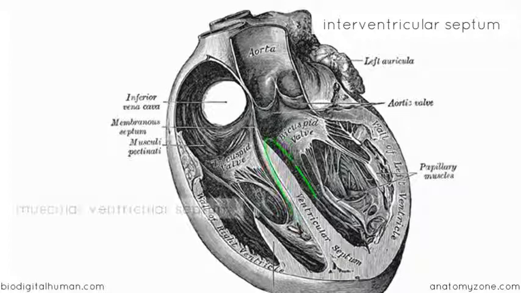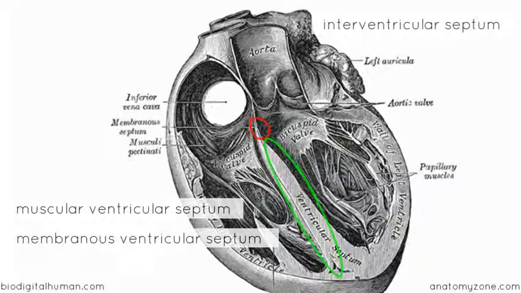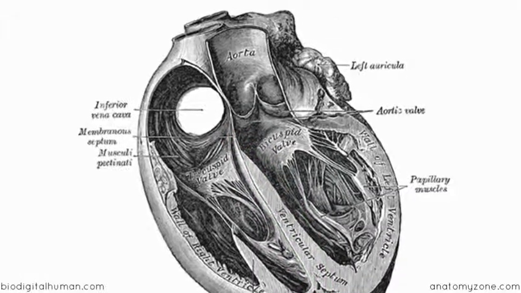You've got this thick muscular ventricular septum which forms most of it. But then you've got this little bit at the upper part and posteriorly, which is called the membranous ventricular septum, and this is thin and fibrous. So you've got the membranous and the muscular ventricular septum.